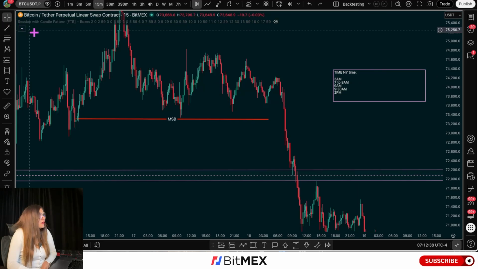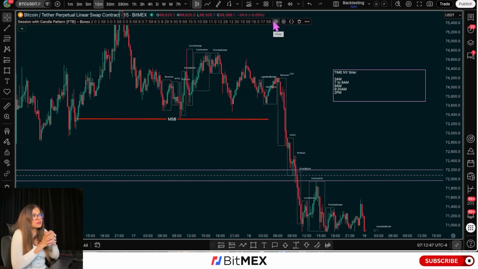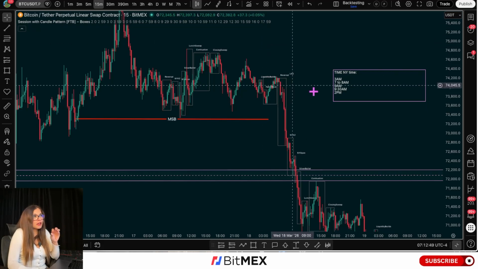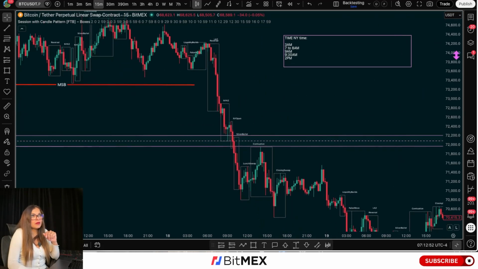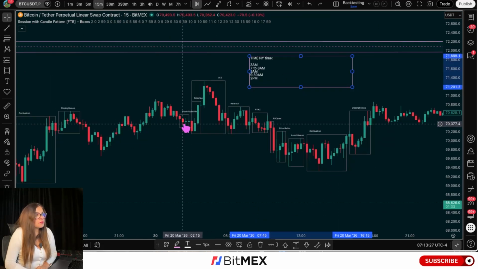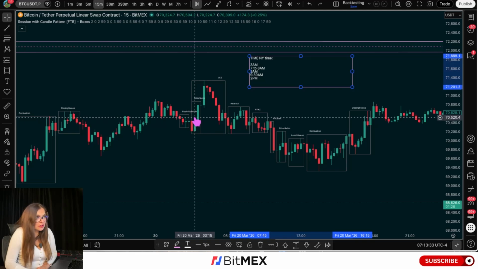I do have a backtesting session where I backtested price movements from 3 a.m. New York time to basically closing New York time. I want to see liquidity builds at this time from 2 to 3 a.m. New York time. I want to see what happens here. I know usually, nothing is 100% of the time.